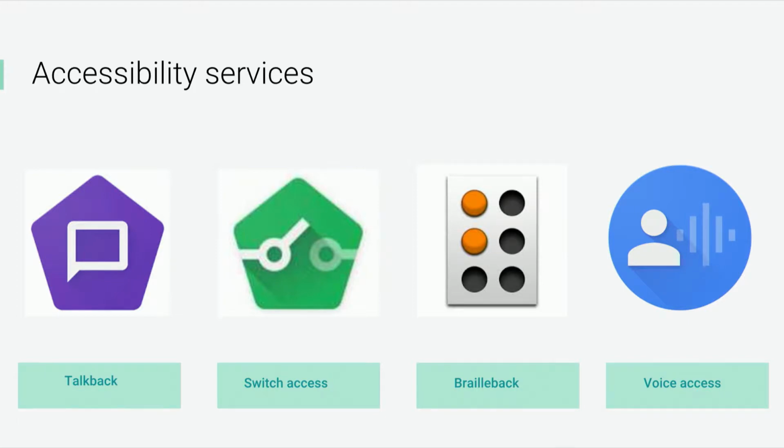Switch Access is also popular. It's an accessibility service that talks to an external device. Usually, it could be a switch or a pair of switches. If it's a pair of switches, the user will use one switch for navigating between the views and the other switch for selecting views.